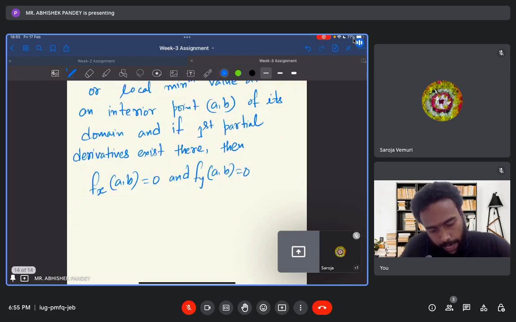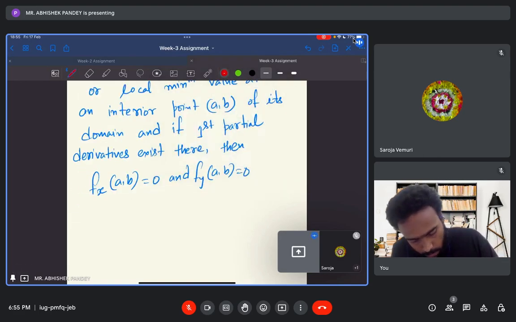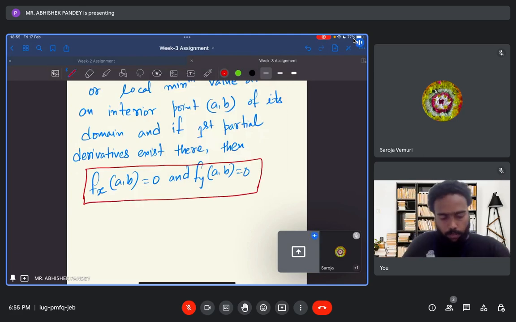So to be a candidate for maxima and minima, the first partial derivatives at that point must be equal to 0. Is it clear?